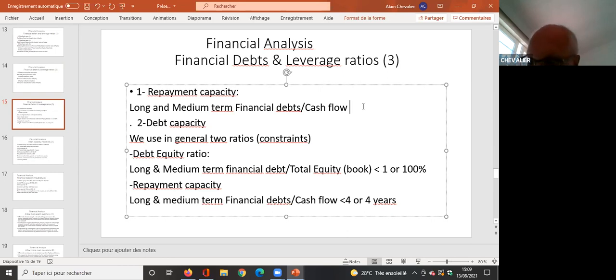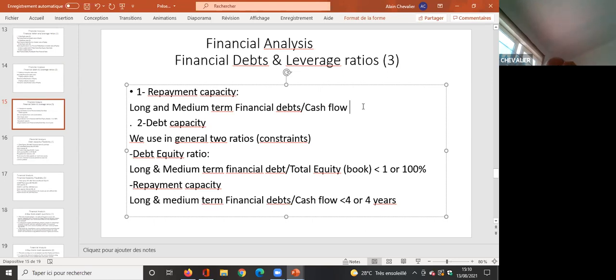We said 1 for the ratio long and medium term financial debt compared to total equity, book value, and the limit is 1. And here, long and medium term financial debt to cash flow, book value also, and the limit is 4. What does it mean?